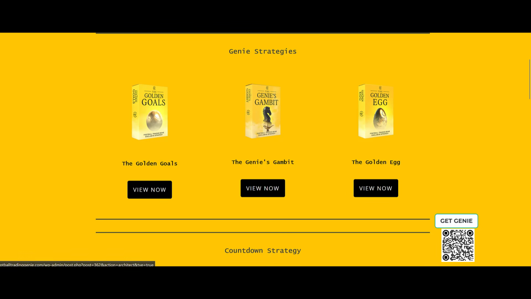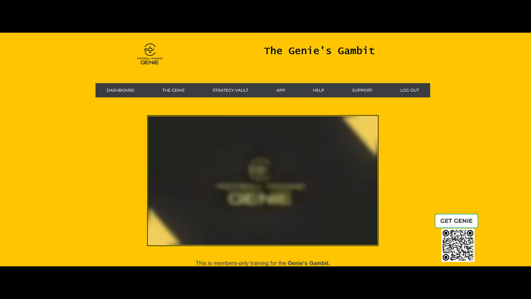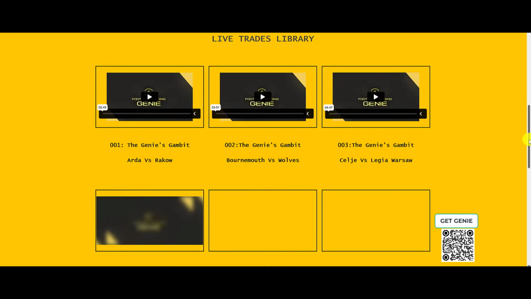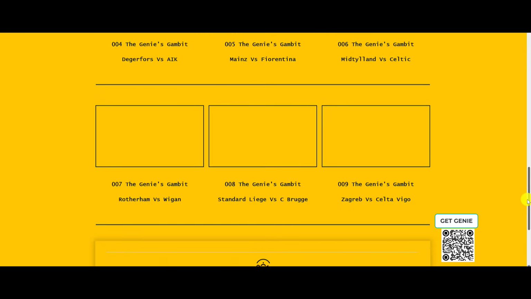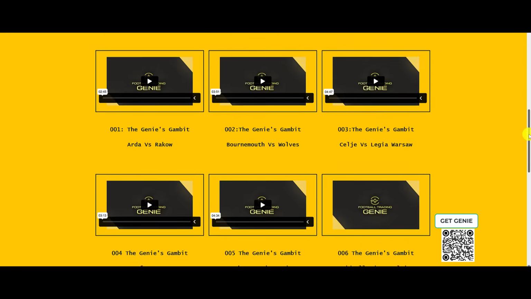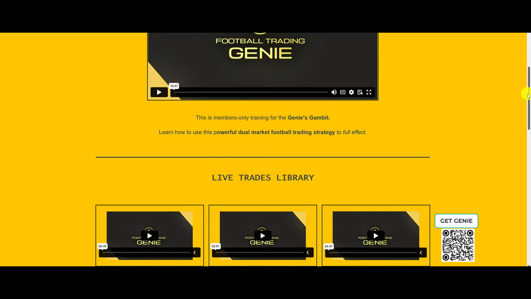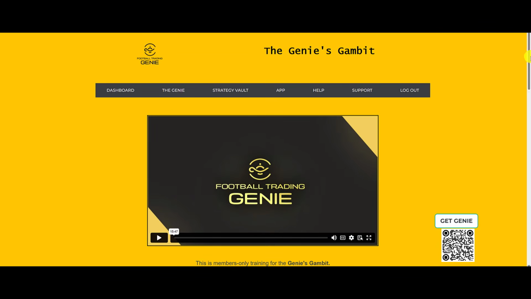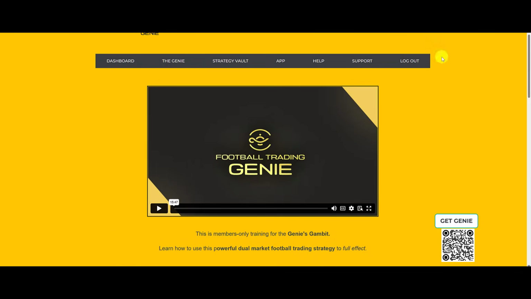For something like the Genie's Gambit, you'll have the full tutorial of this strategy, and a live trading library showing you lots of different examples, including when it goes wrong, because it is one of those strategies which seems like it's going to go right most of the time, but there are a few scenarios to be aware of. We cover all of that within the video library.